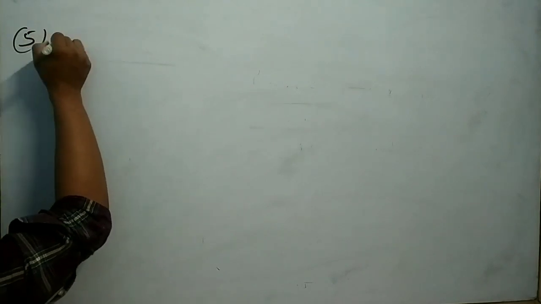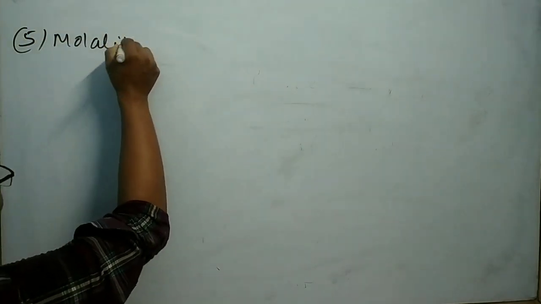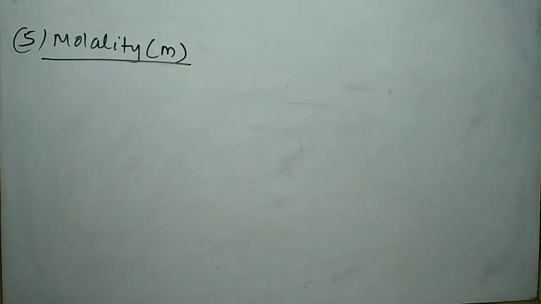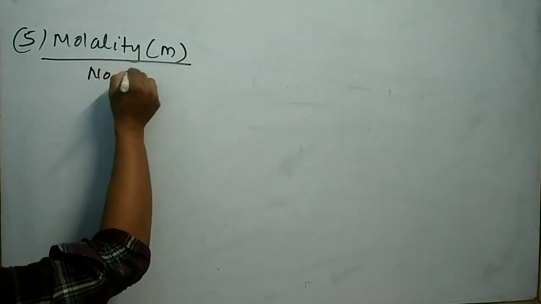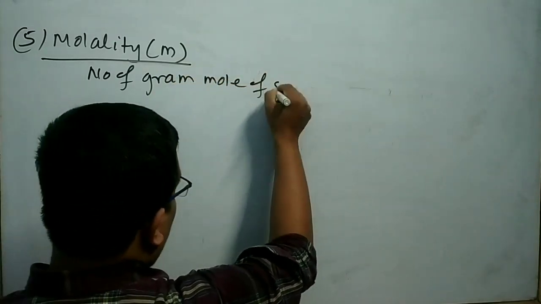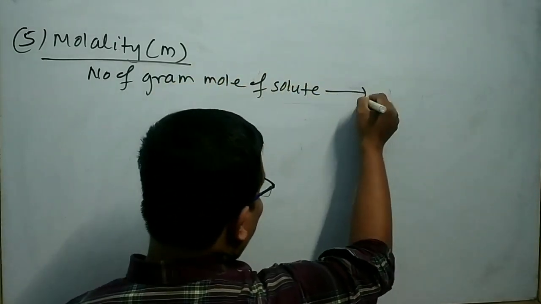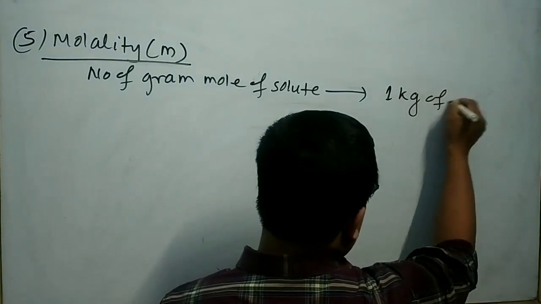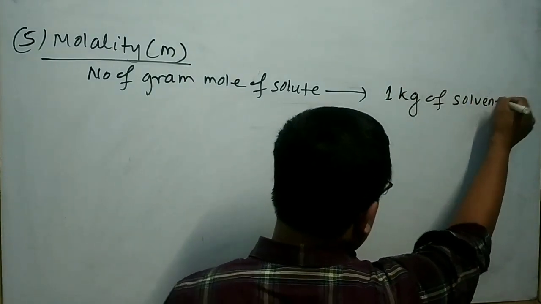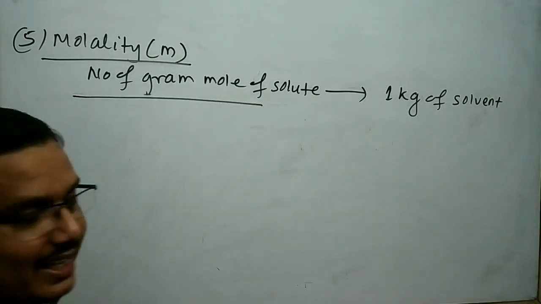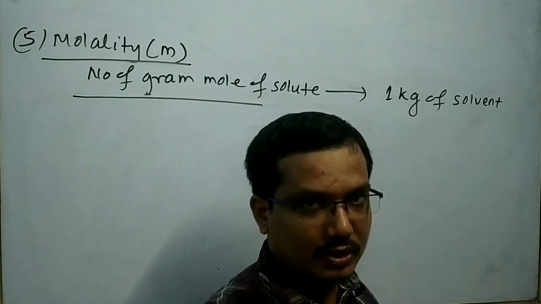Next I will discuss molality, having the symbol small m. Molality means the number of gram mole of solute present in 1 kilogram of solvent. How many gram moles of solute are present in 1 kilogram of solvent?